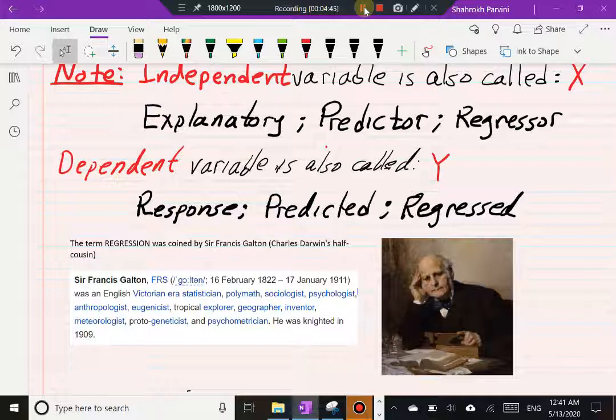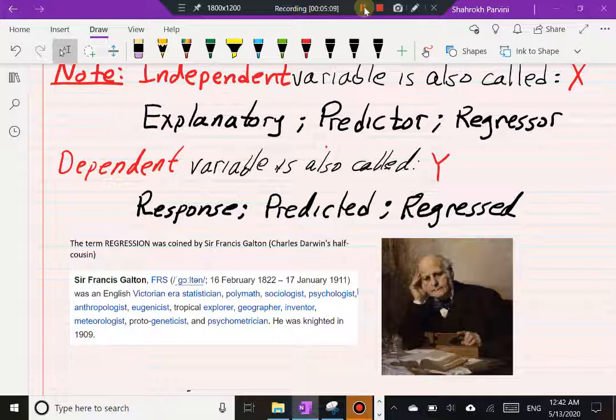So again, you can read more about him and the data that he used. If I recall correctly, when he was doing regression, he was interested in the relationship between the heights of fathers and their offspring, their sons. His premise was that taller fathers tend to have taller sons and shorter fathers shorter sons.